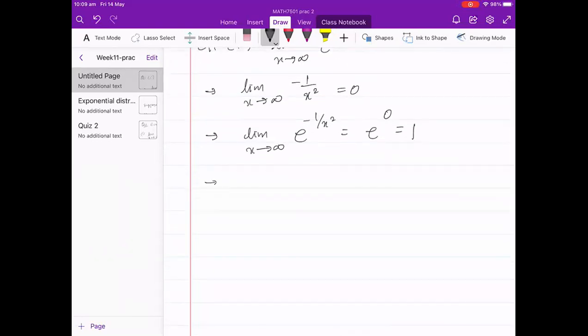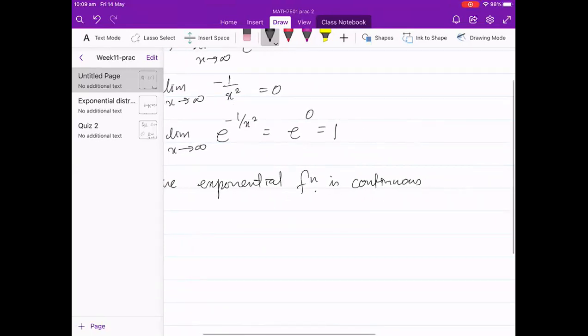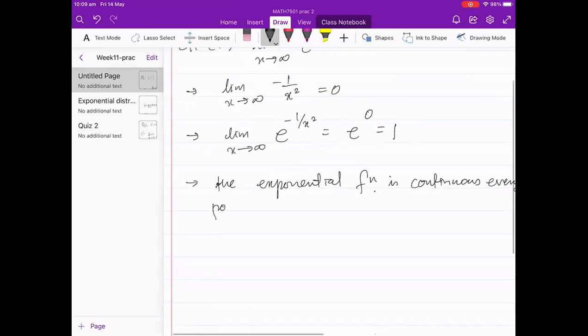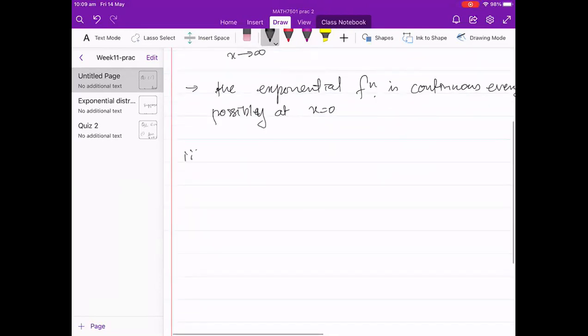And you also need to say that the exponential function is continuous, everywhere in this case, possibly at 0. That's the first part.